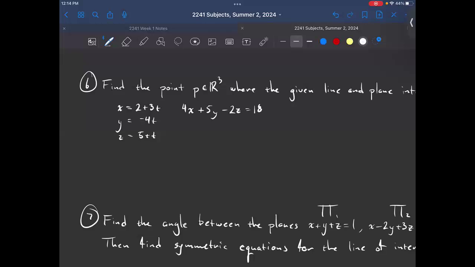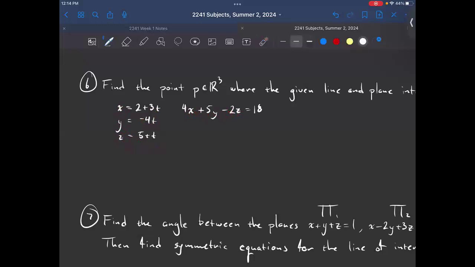Well, if the line and the plane intersect, there should be a value of t so that these x, y, and z coordinates can be plugged into this equation and make it true.